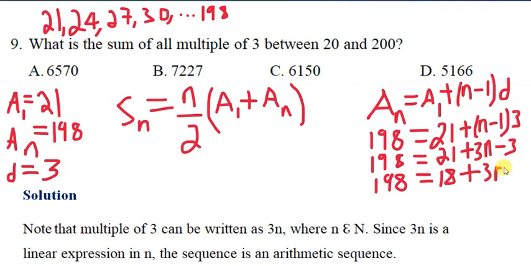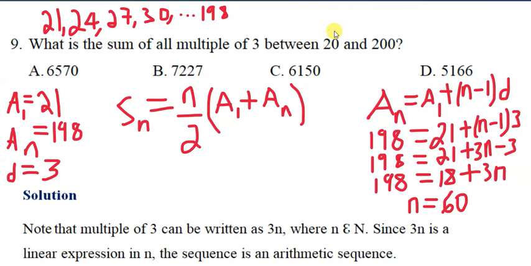If we solve for n, this is a linear expression, our n is equal to 60. Now we have 60 terms. Each of these terms is a multiple of 3 and between 20 and 200.